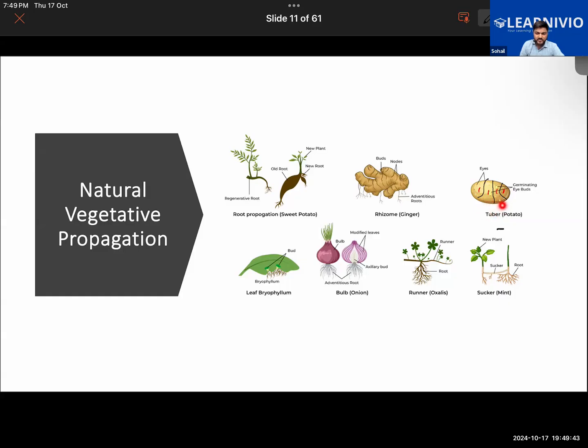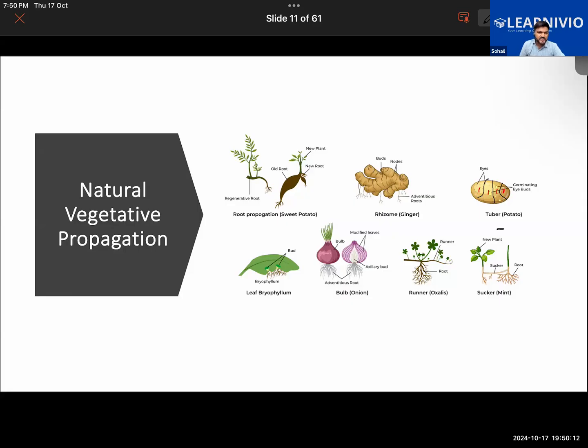Artificial propagation of the potato will be more efficient and more beneficial, because if it is growing naturally, several plants might not grow from this in an efficient manner, but when we cut it into different parts, from each part new healthier plants will grow.